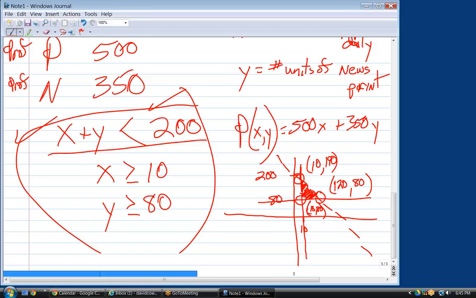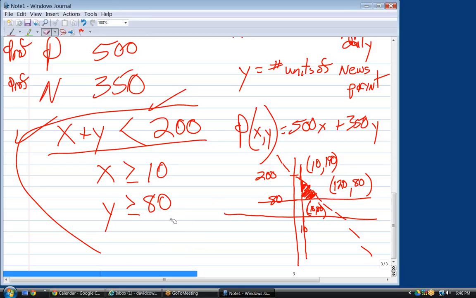So what we know is that our maximum profit comes from one of those vertices. It doesn't come from a point on this line. There's no way that point produces the maximum profit. That's what we know from linear programming, that our maximum profit comes from one of those vertex points.